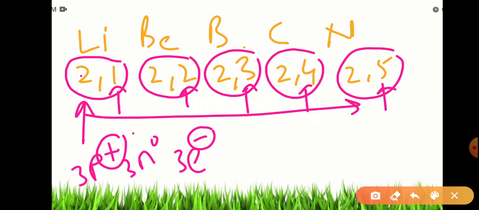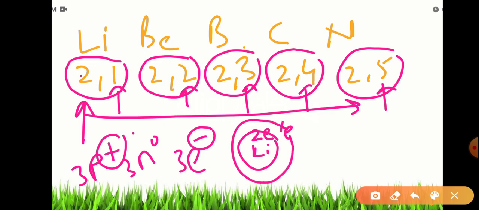So in lithium, this is lithium, it has 2 electrons over here and 1 electron over here.